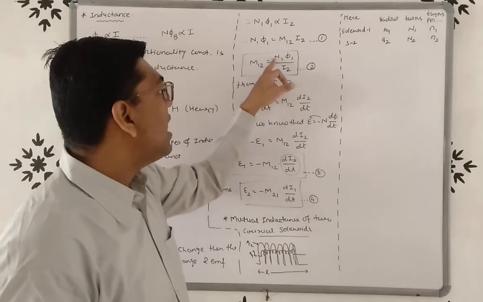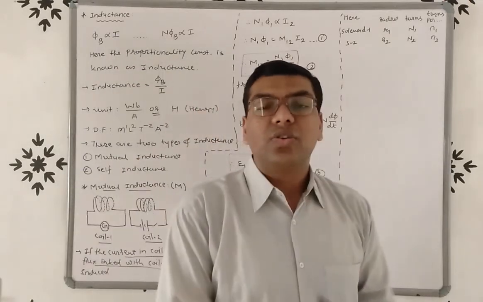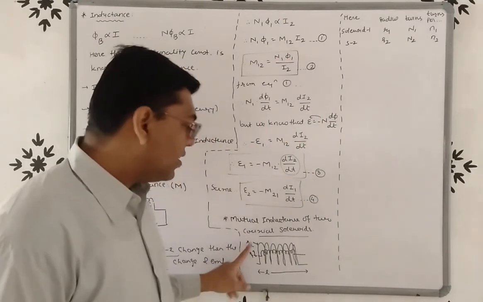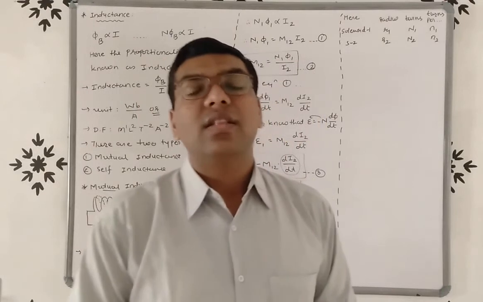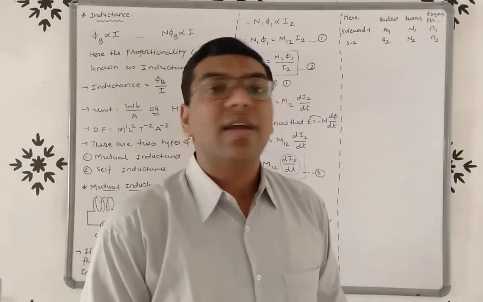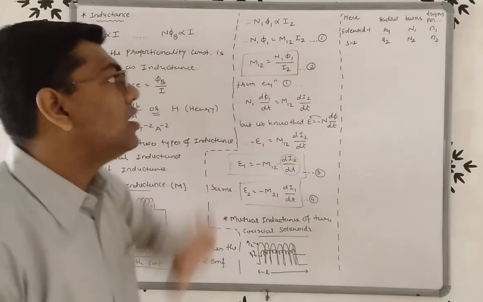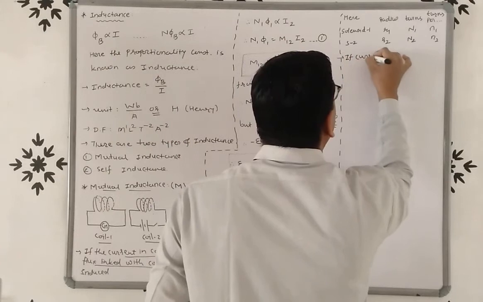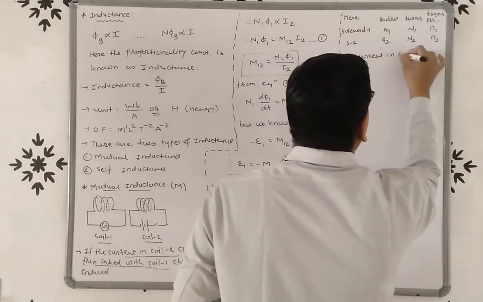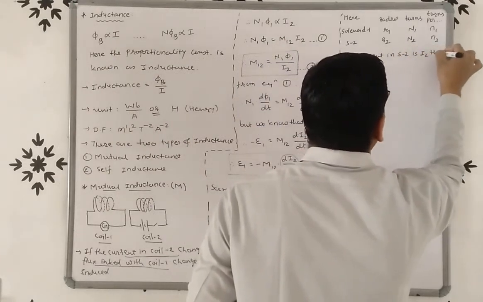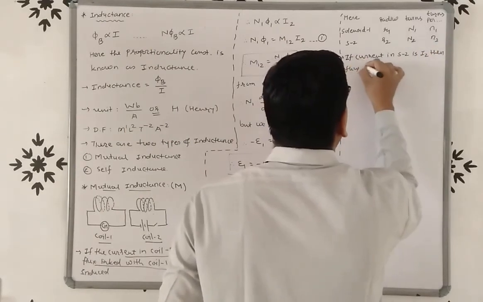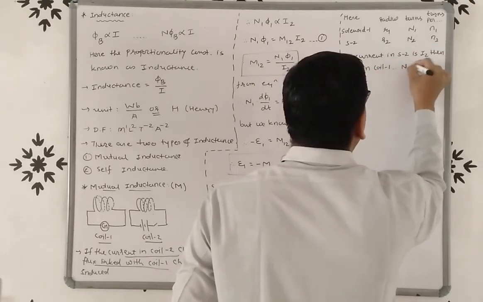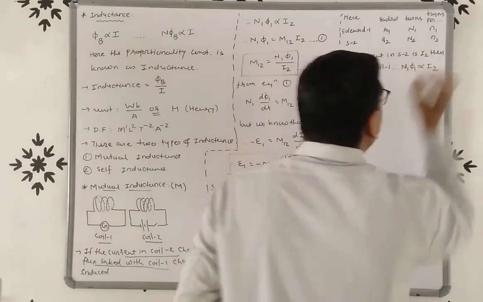M12 is equal to N1 phi 1 upon I2. If the current in solenoid 2 is I2, then the flux in coil 1, or you can say solenoid 1, is given by N1 phi 1 proportional to I2.